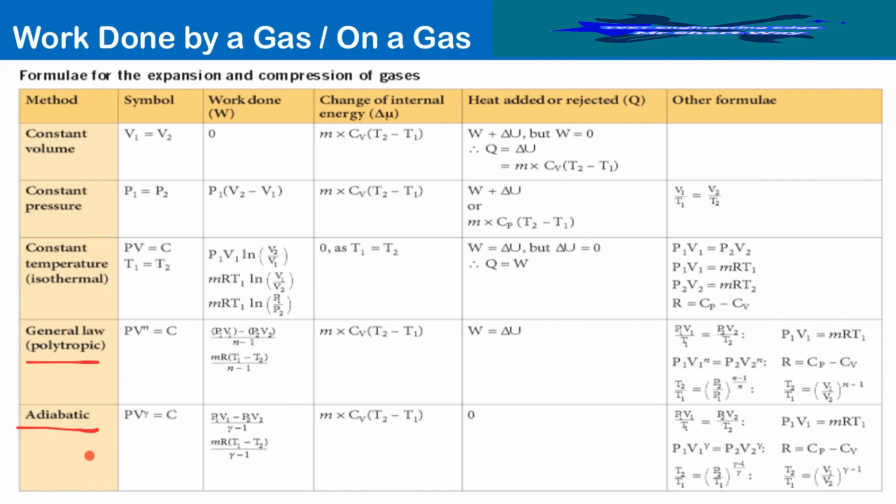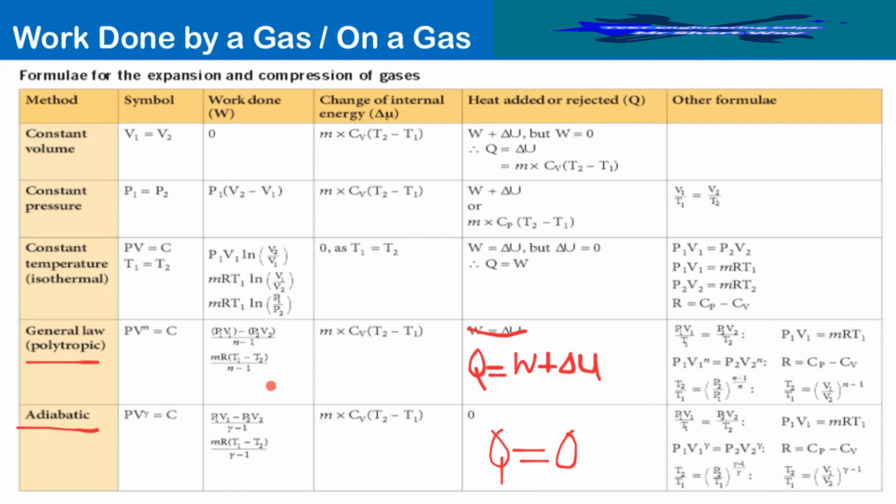The only difference is that with an adiabatic process, Q is equal to 0, whereas in the polytropic case, Q is equal to work plus delta U. Otherwise, all the other equations are the same.